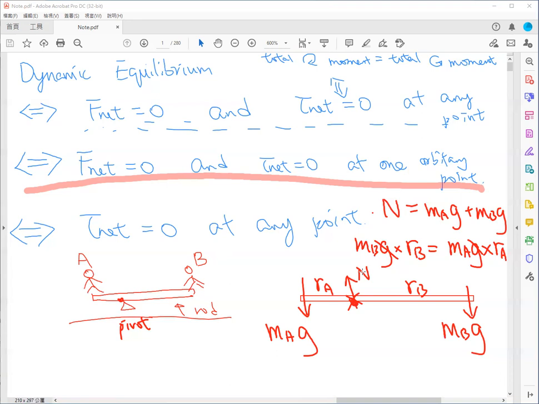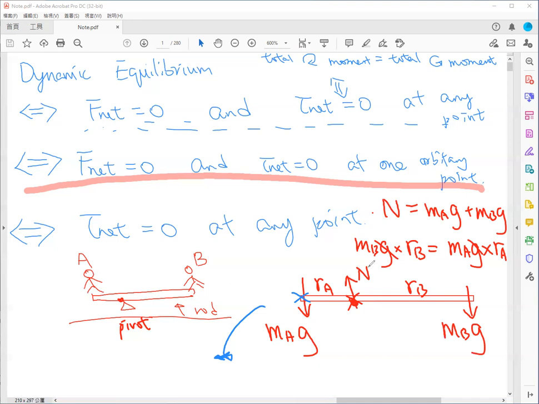You may also wonder, what if I didn't take the moment at this point? You may also take the moment at this point. Let's say this point. Then at this point, the force MAG passes through this point, and there's no moment of the force MAG.